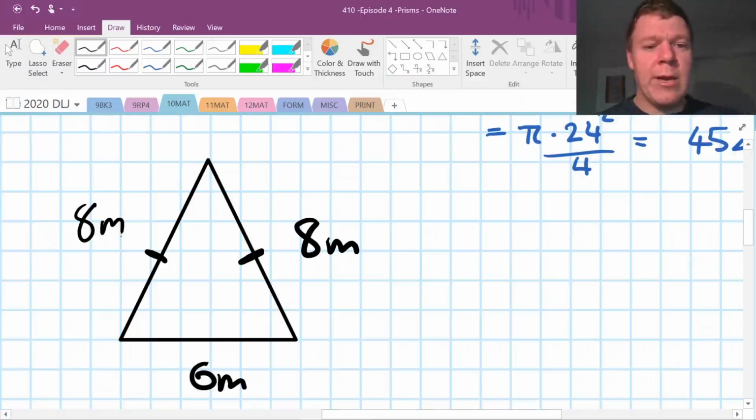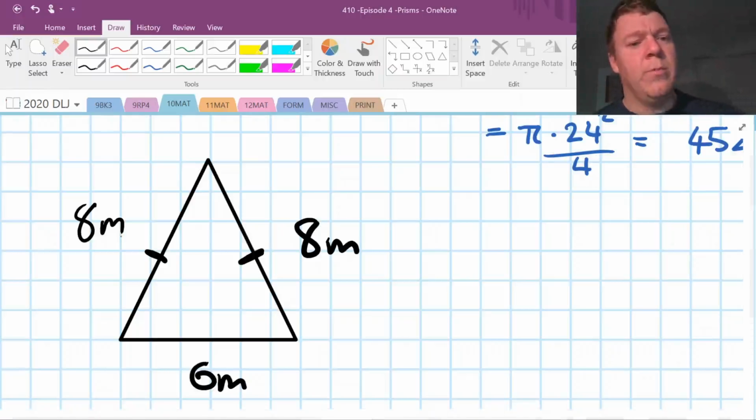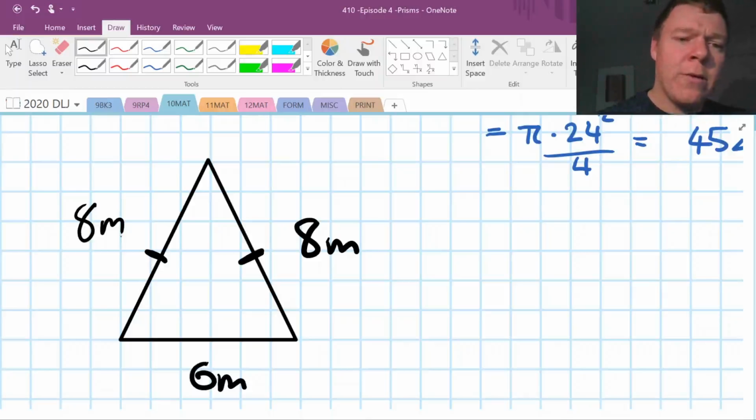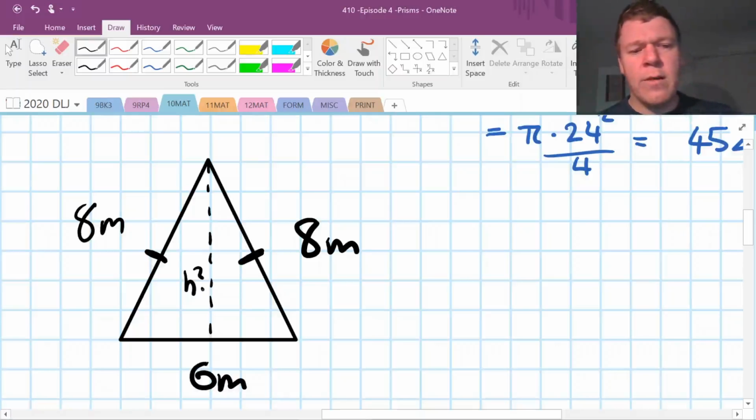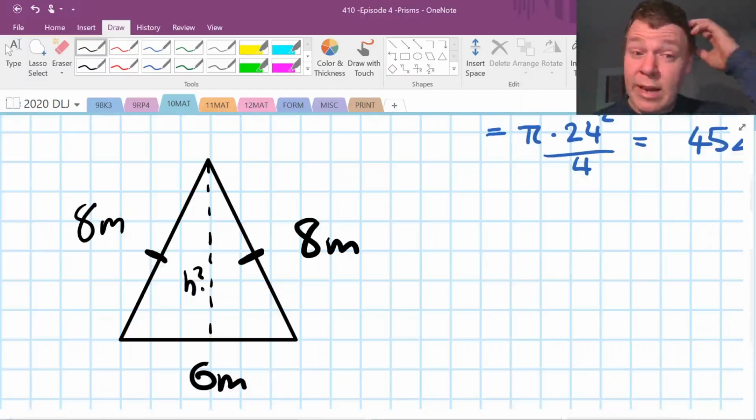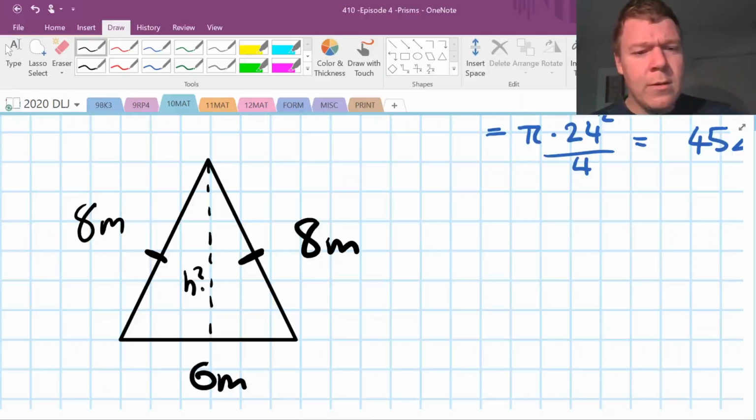So our perimeter is going to be 8 plus 8 plus 6, which is 22 meters. We want to work out the area. So we want to know the height of this triangle, right? Because once we know the height, we've got the base, we can do half base times height to get our area.